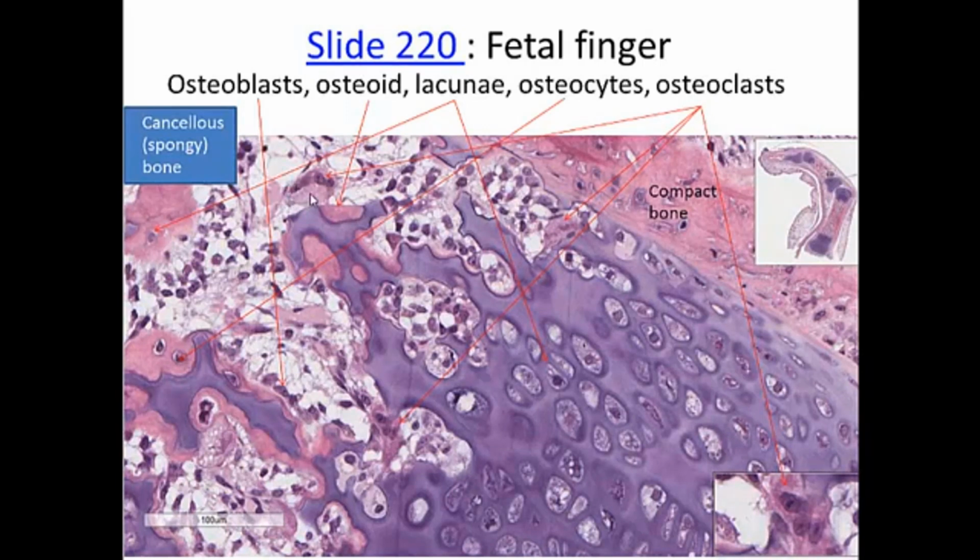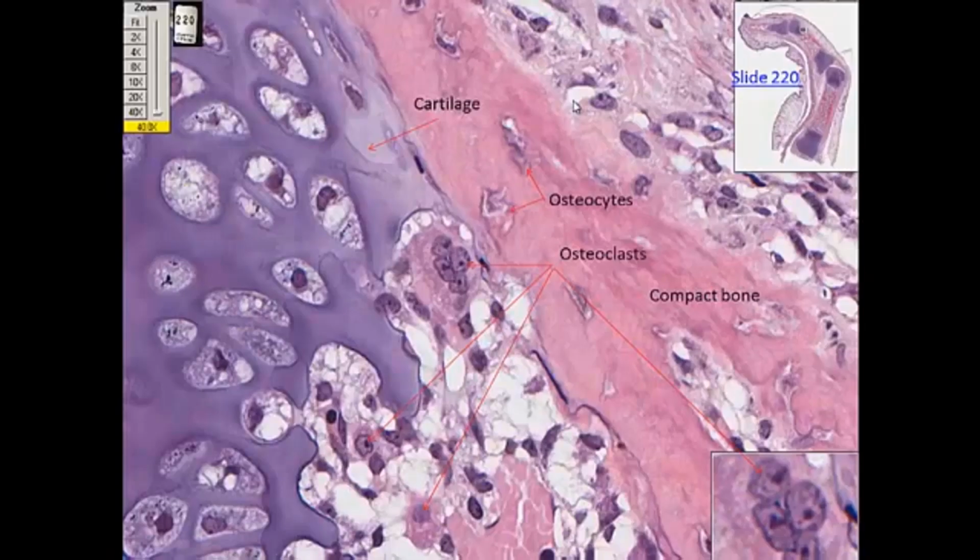Osteoclast is a multinucleated cell that we see here. We can see more than one nucleus, and that's the one that breaks down bone, and the osteoblast lays down bone. When the osteoid goes all the way around it, it's trapped in its lacunae, and it becomes an osteocyte. Osteoblasts give rise to osteocytes.